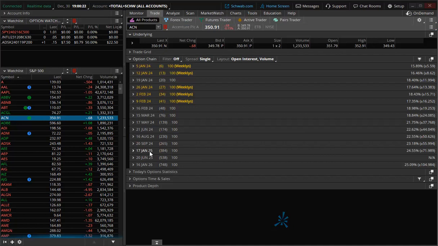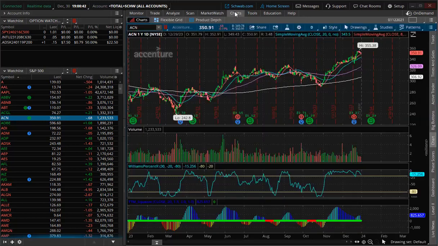But when we're trading, doing what we call a swing trade, we want to be close, especially if we're seeing new highs and new lows for the year.